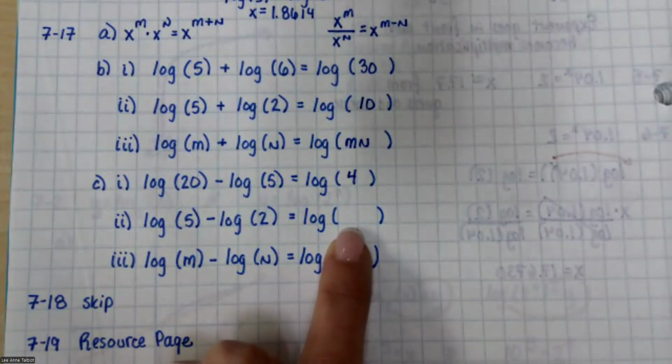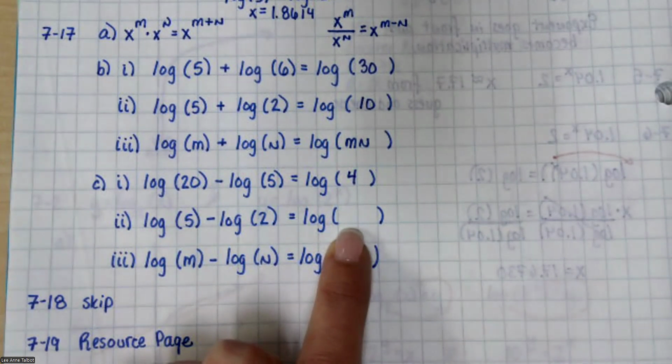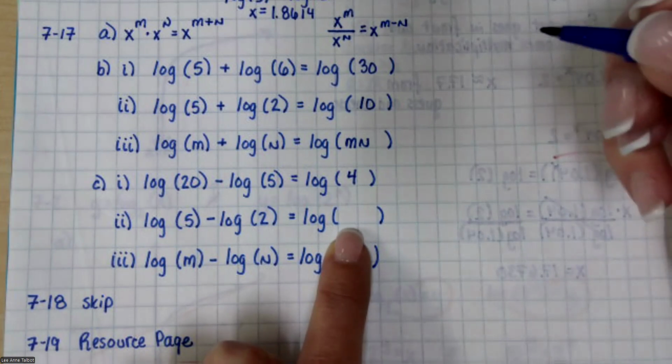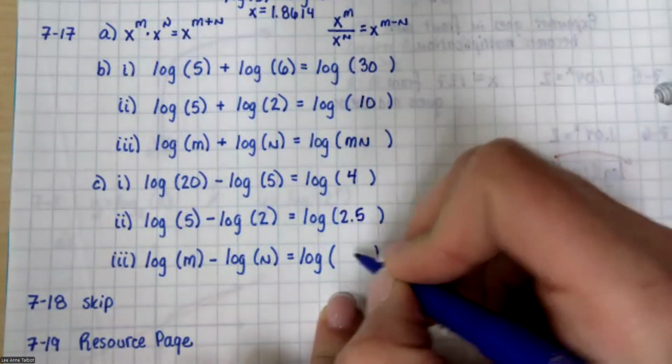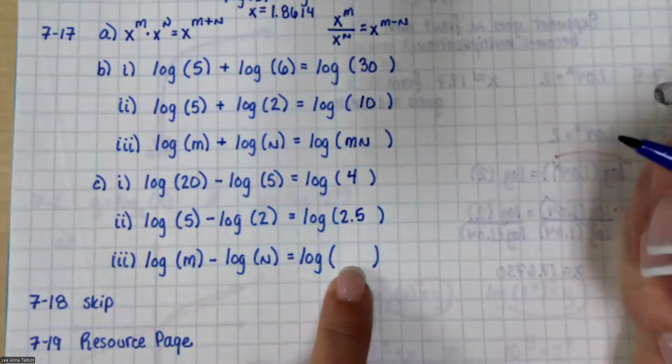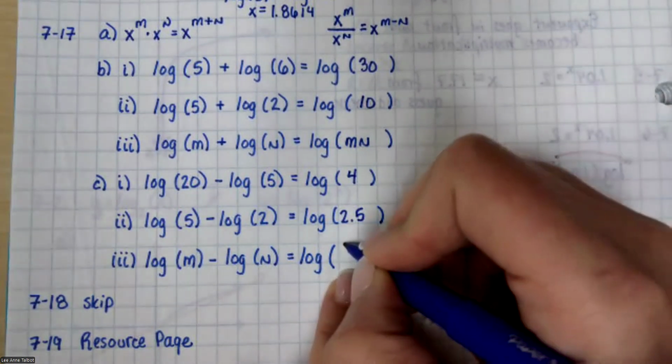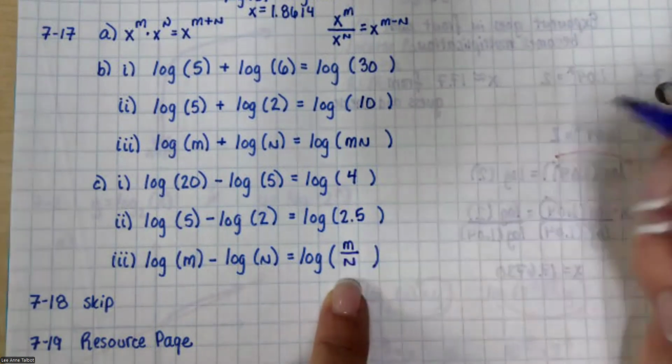Don't fall for it. 2.5. Okay, you had the right thing. You just did the wrong mental math. Okay, so what do we put here? Connor, you're on fire today.